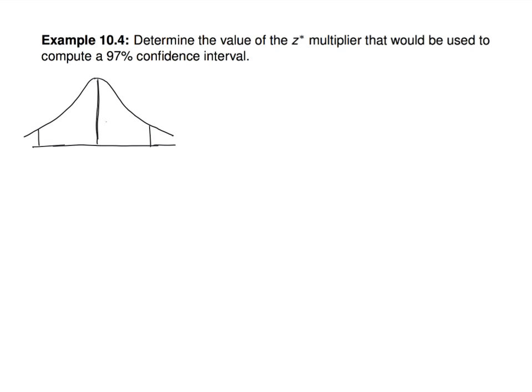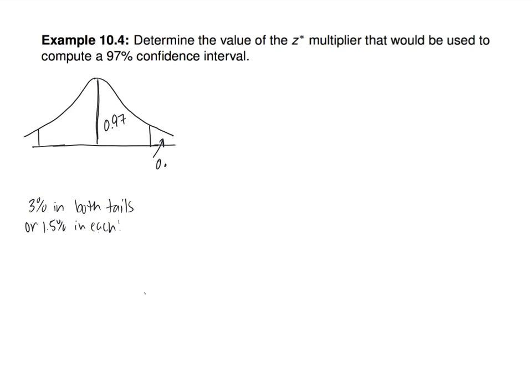We need the area in the middle to be 0.97 or 97%, which gives us 3% in both tails, or 1.5% in each.